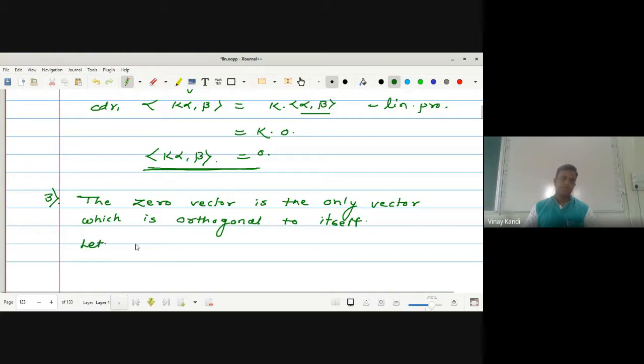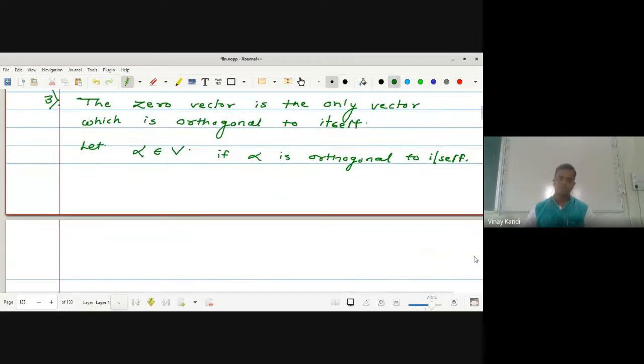Let's suppose alpha, any arbitrary vector, belongs to V. Okay. काय म्हणते हा? Suppose alpha is orthogonal to alpha. That is itself. Alpha is orthogonal to itself. So what it implies? If suppose alpha is orthogonal to itself. Okay, what is the meaning of this one?